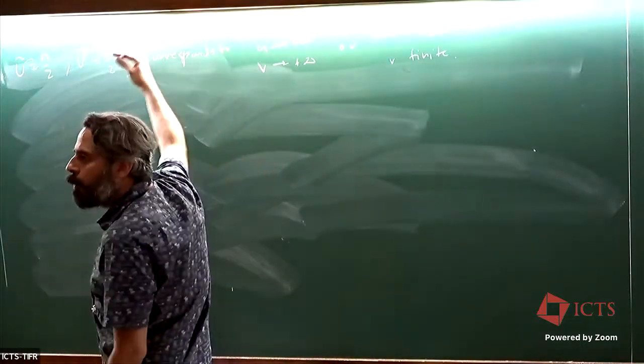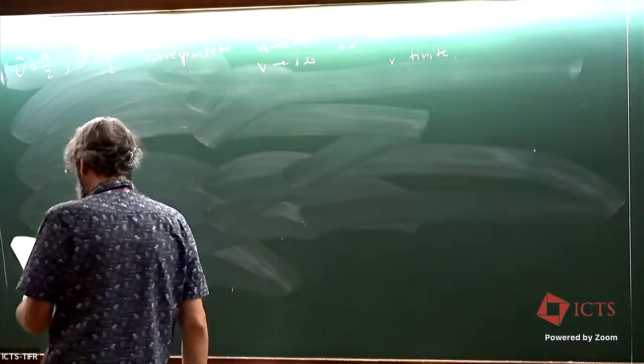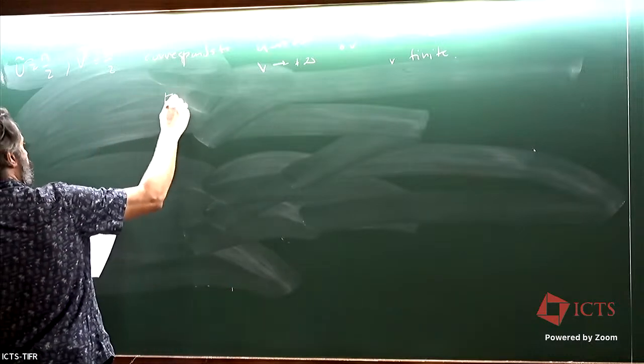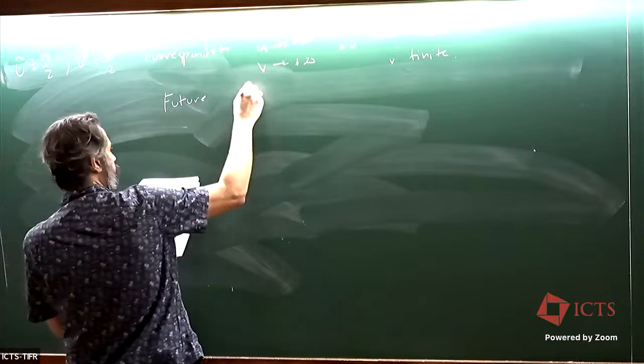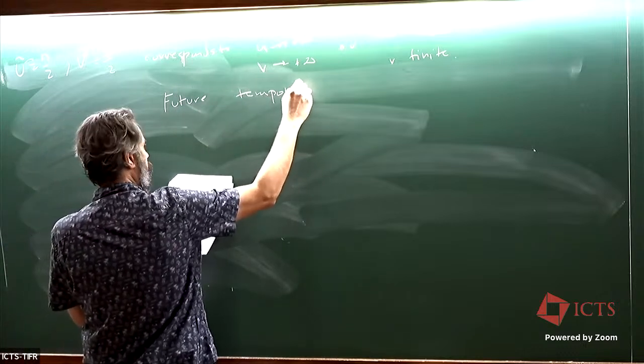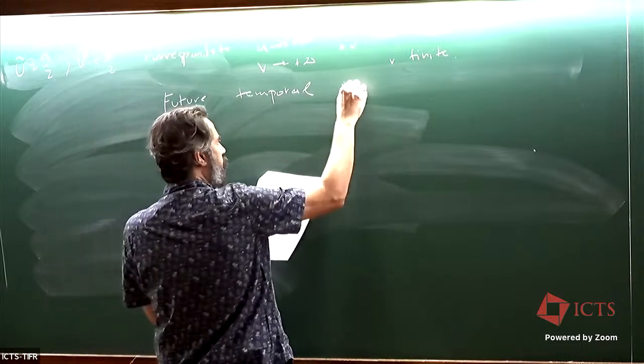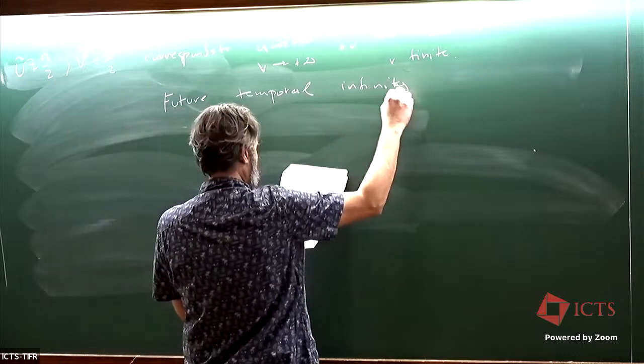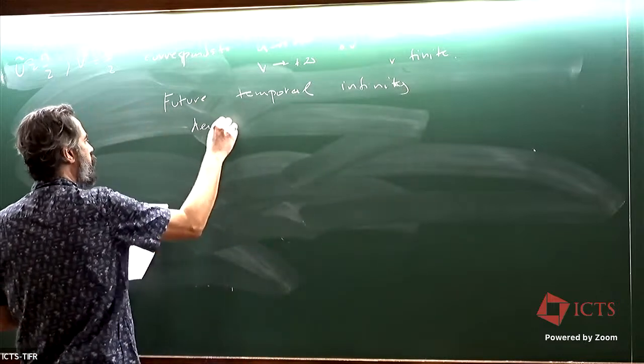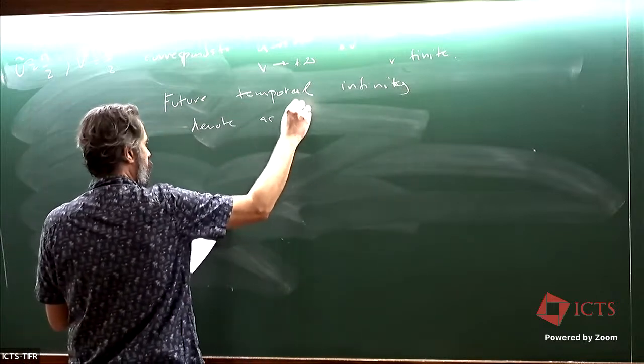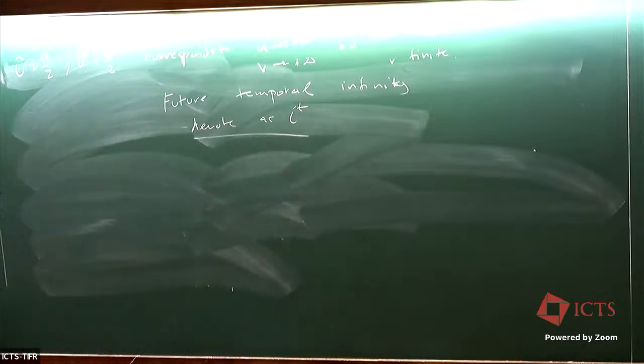And again, you can follow backwards the transformations to verify that. This is going infinitely into the future, so I call it future temporal infinity, denoted as I plus, right? This is sitting here. Okay.